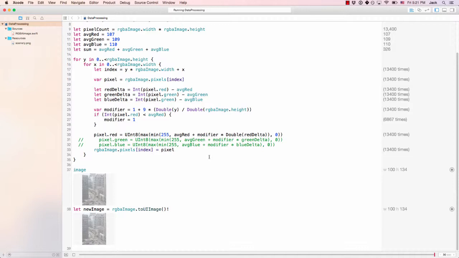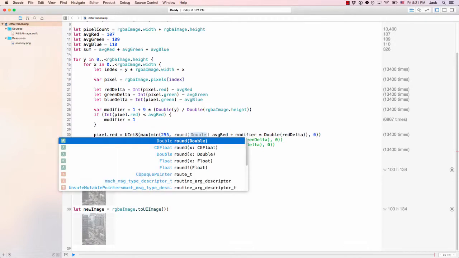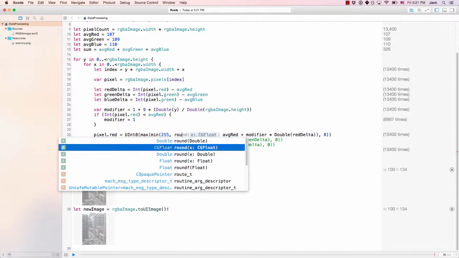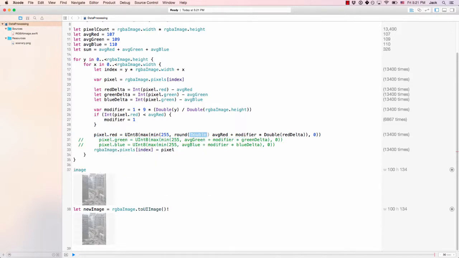Maybe it will run. Maybe it won't. I'm going to guess it's not running for us. But yeah, so we should probably round this. So we can use the round functions. So let me type to round a double back to an integer. And for some reason, all these rounds return more doubles.